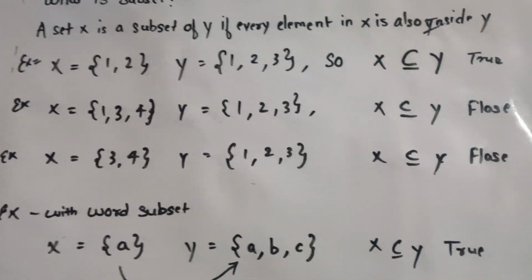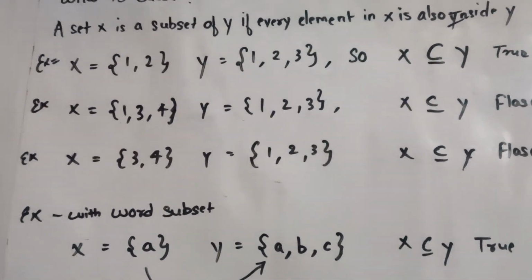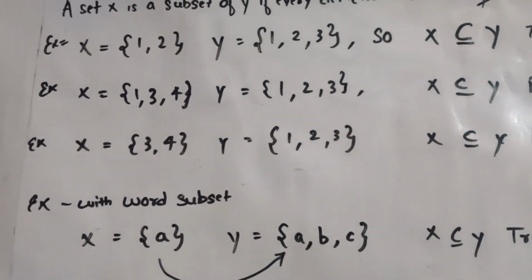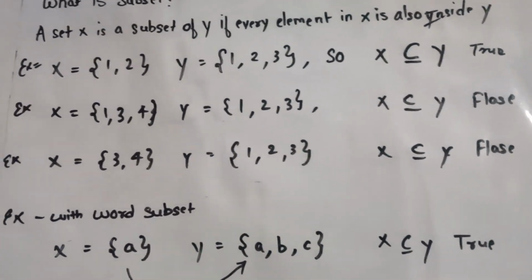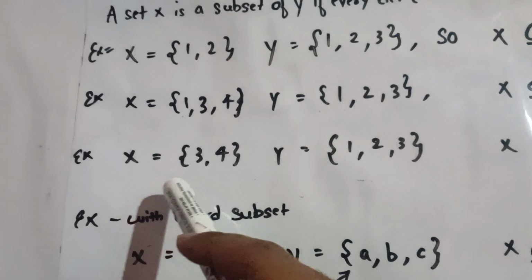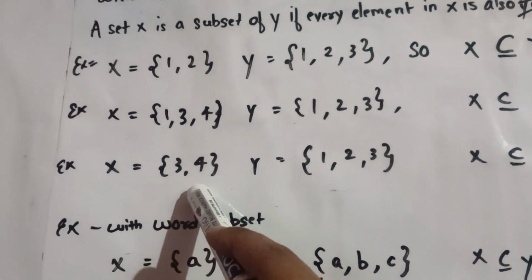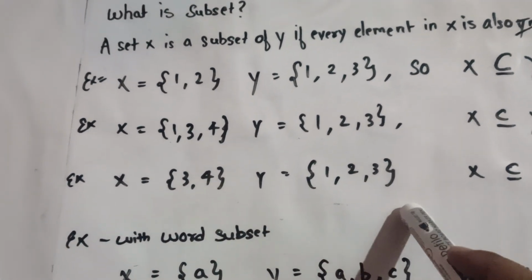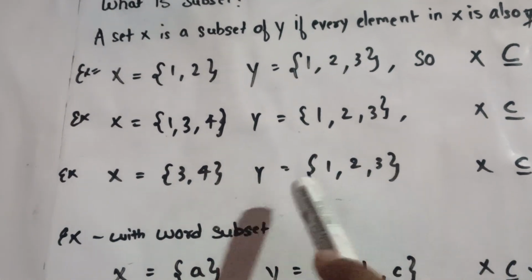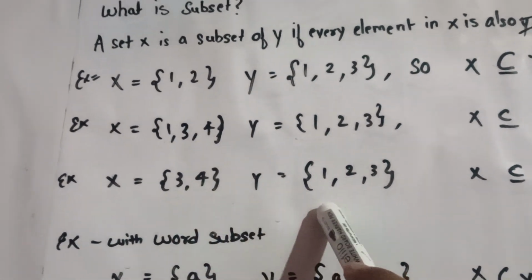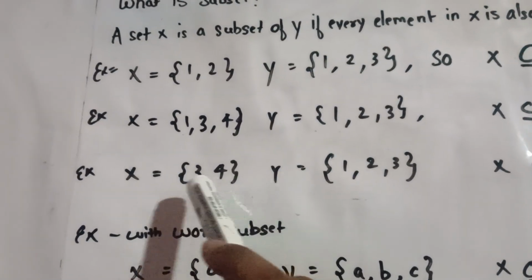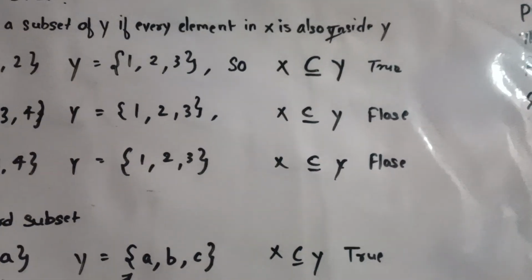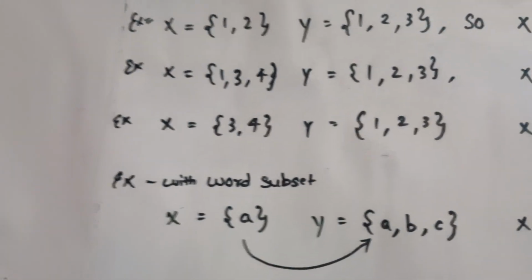That's why X is not the subset of Y. Same here, we can see X has 3, 4 and Y has 1, 2, 3. 3 it has, but Y does not have 4, so X is not the subset of Y.